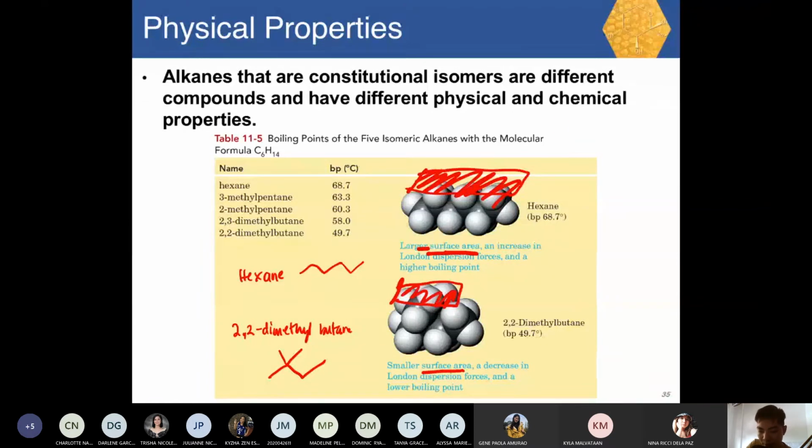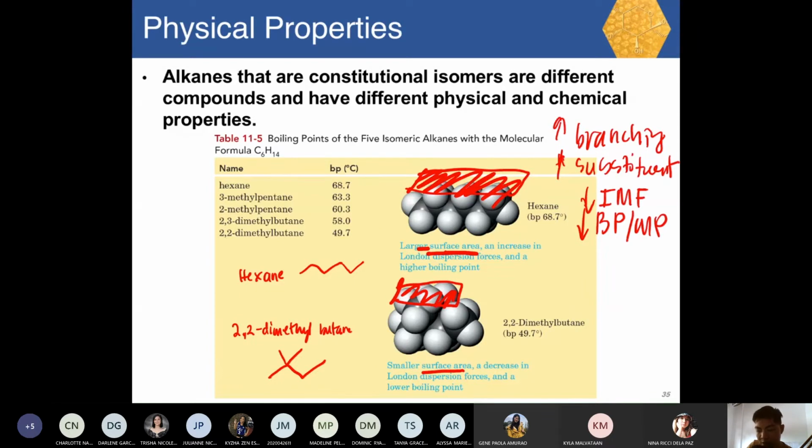More branching or more substituents, the lower the boiling point and melting point, no? The lower your intermolecular forces, okay? The more branches, the more substituents, the lower the intermolecular forces.